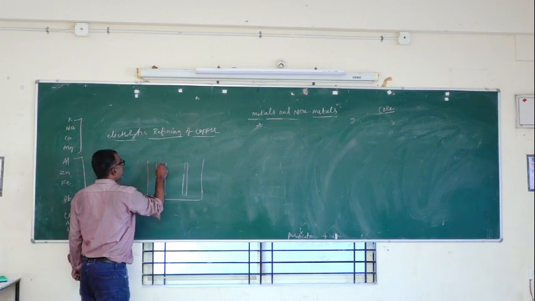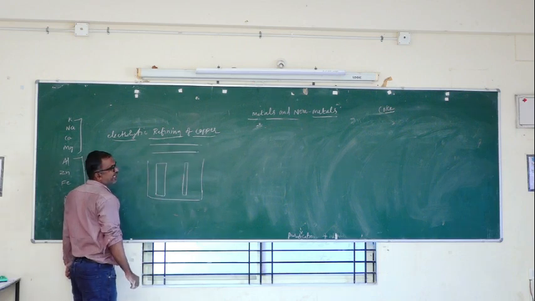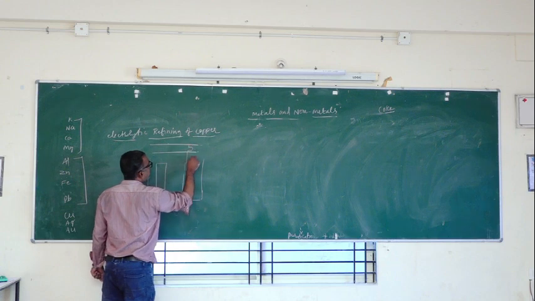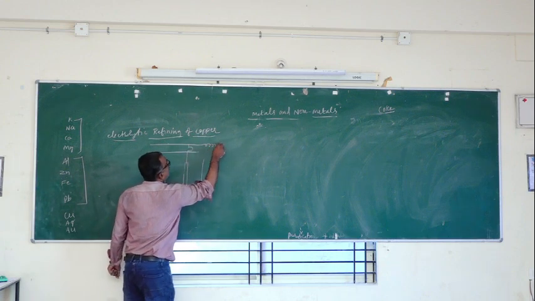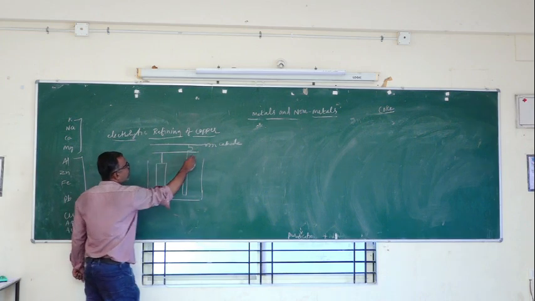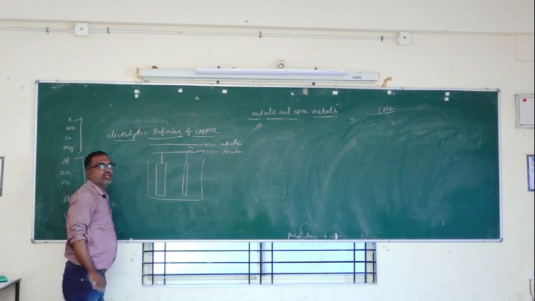So this thin copper plate and thick copper plate are going to be connected. The thin copper plate is connected to the cathode. The thick copper plate is going to be connected to the anode.